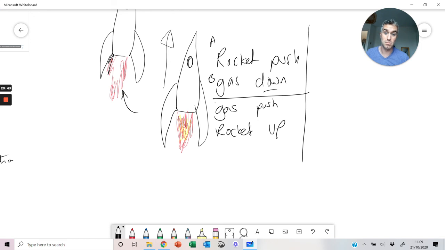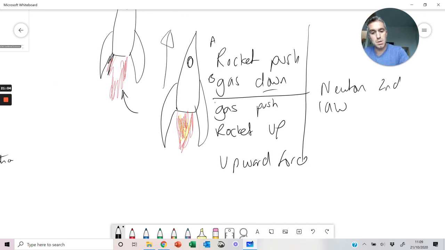Now, when the rocket is being launched up into space, what's going to happen? You're going to have Newton's second law. Once this third law kicks in, and the gas is pushed down, the rocket's pushed up, the upward force should be bigger than the downward force. Up is going to be the thrust from the engines.